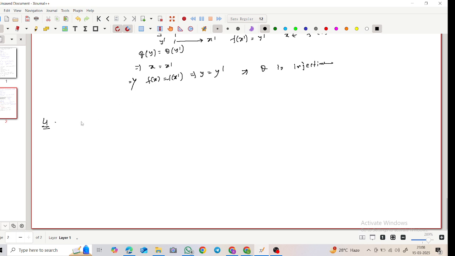So, f is a function from R to R. Okay, first let me define what an open map is. f is called an open map if f sends open intervals to open intervals.